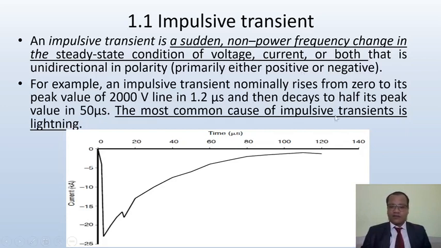So here one example is also discussed, that is one particular impulsive transient. Its example is shown here in the diagram, caused due to a lightning stroke that falls on the line of 2000 volt. Its rise time is 1.2 microsecond and then it decays to half of its peak value in 50 microsecond.